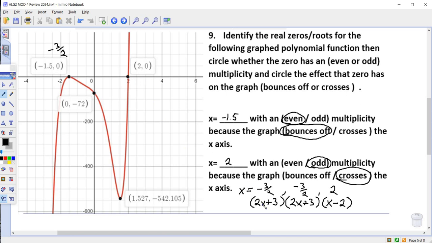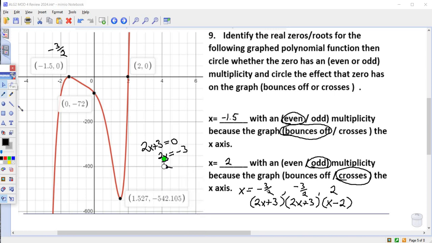Remember how we find zeros from factors? We set that factor equal to 0. 2x plus 3, we set that factor equal to 0. We solve for x. So subtract 3 from each side. We get 2x equals negative 3. And divide by 2 on each side.